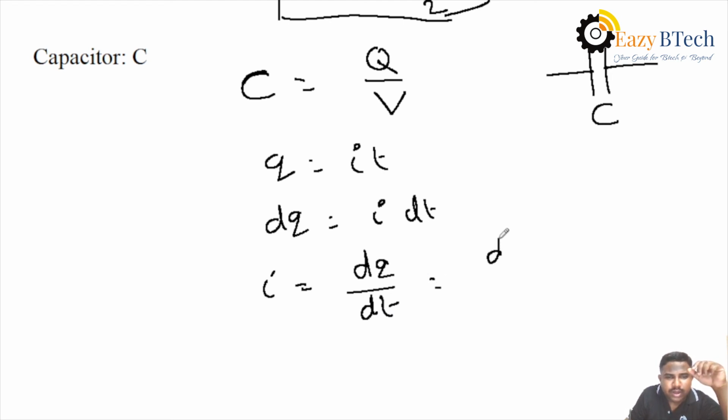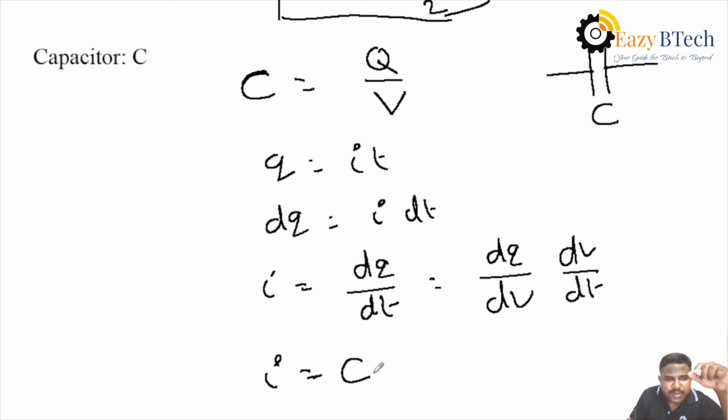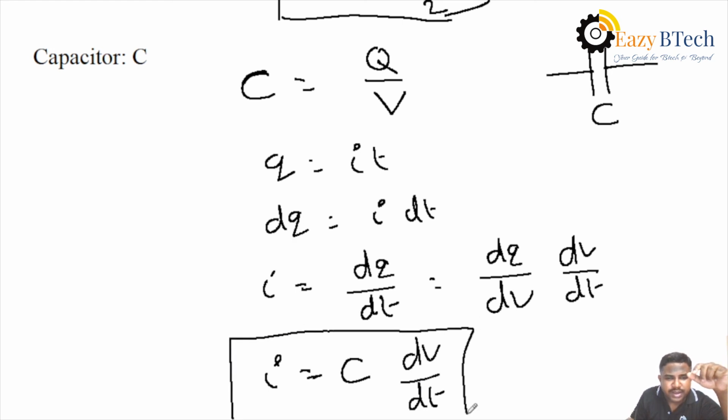From that, you can multiply and divide by the differential voltage dv. Then we know I equals dq by dv, which is nothing but the capacitance C, then dv by dt. Okay, this is the current relation in the case of a capacitor C.